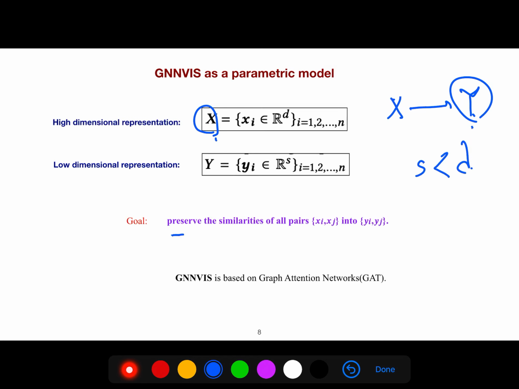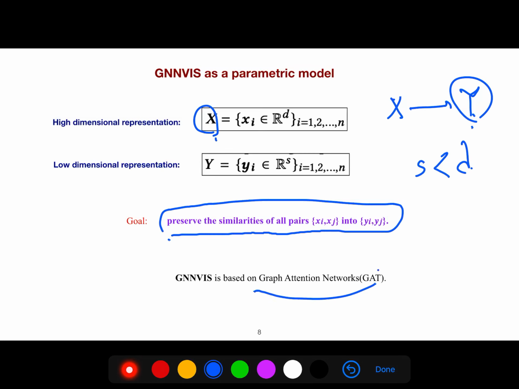And the goal is to preserve similarities of pairs. You can watch my playlist for metric embedding to see what distortion is and what I mean by preserving these similarities.